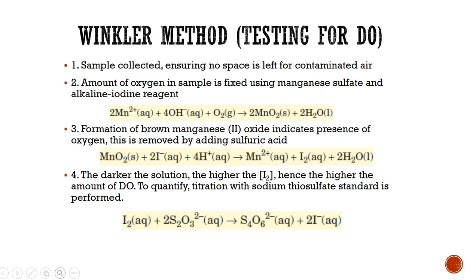So if we have a look here, we're using 1 oxygen up here, and then that process produces 2 MnO2, which would give this one 2 I2 here, and we go through and we follow the overall iodine pattern. So how much iodine we get relates back to the amount of oxygen overall.